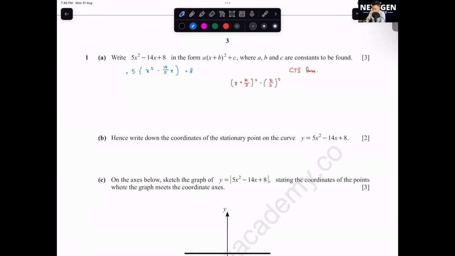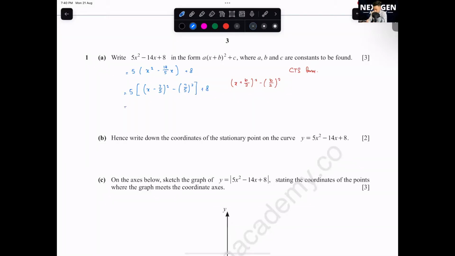So we are going to focus on what's inside the bracket. The reason why I don't want to put in the x is because later you all get confused with the x also. So you just factorize out from a and b first. So 5, then 14 over 5 divided by 2 will become 7 over 5, squared, minus 7 over 5 squared, plus 8.